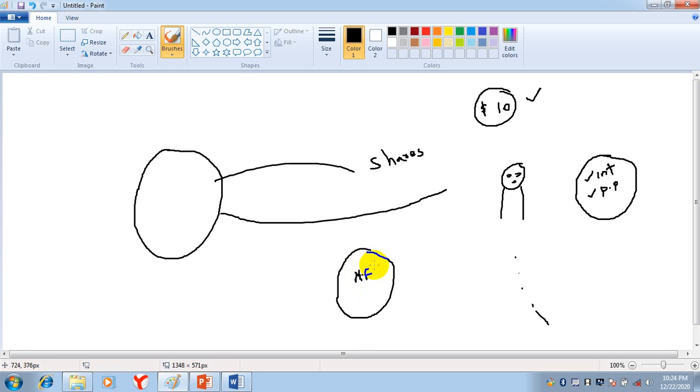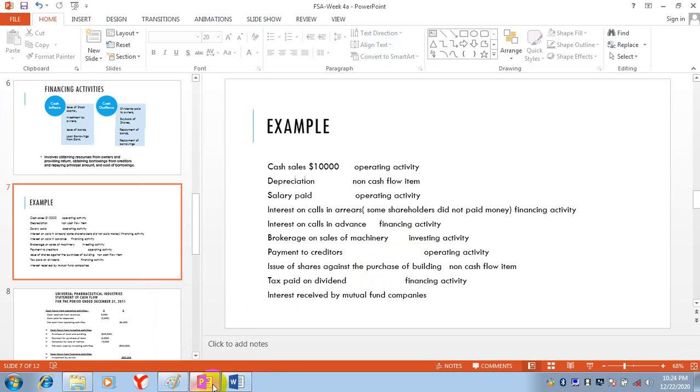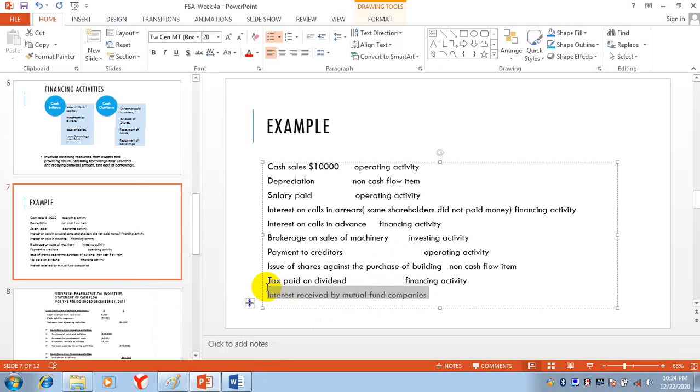So when these mutual fund companies receive interest, it will be their operating activity, because their business is the purchase and sale of bonds and shares.